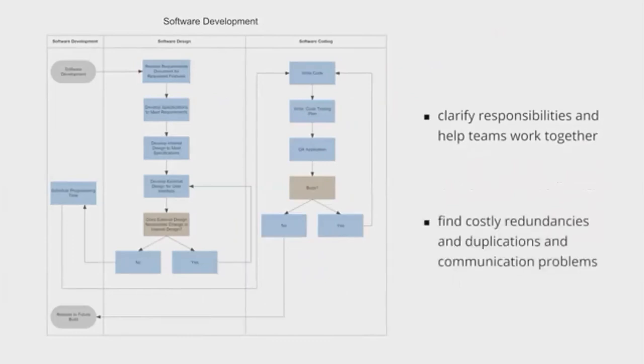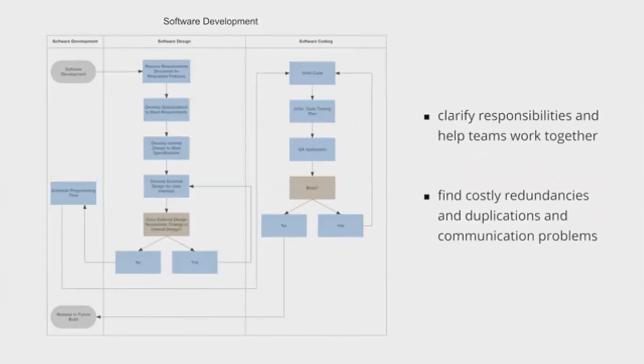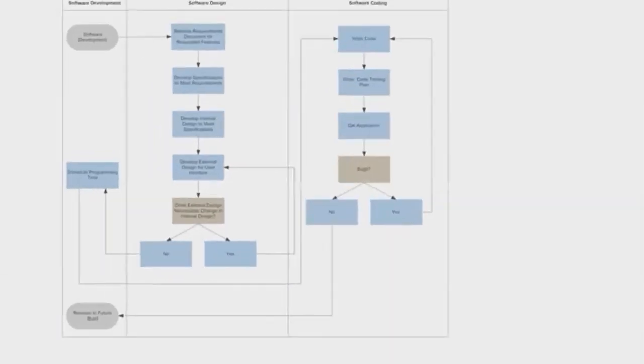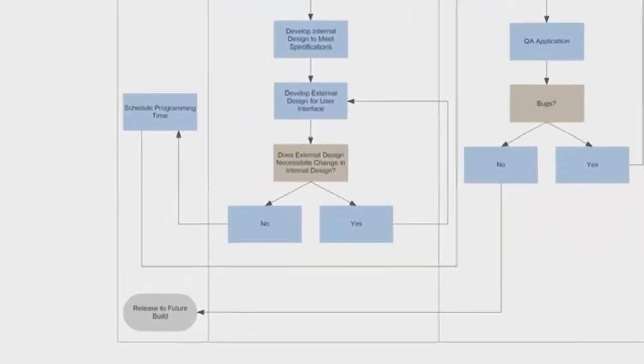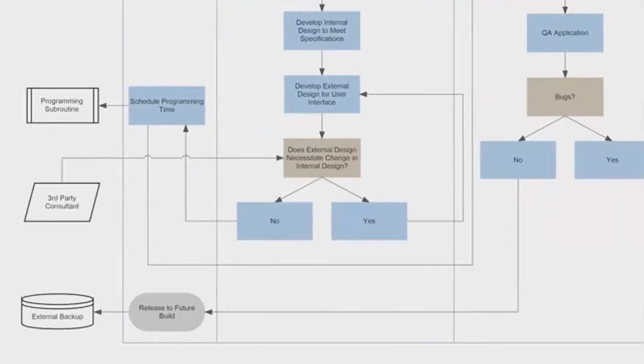This may help you find costly redundancies and duplications or gaps in communication problems. Swim lanes can also help you understand deeper layers of complexity in a process. Symbols can represent external factors such as peripheral processes, external data, and third-party entities, in addition to the familiar flowchart symbols and notation.